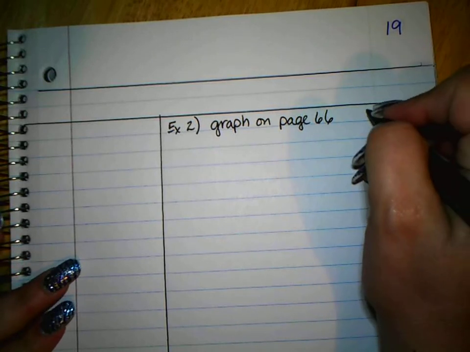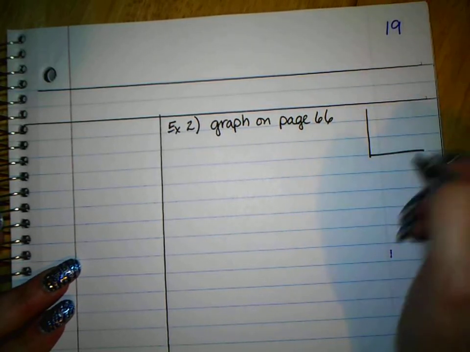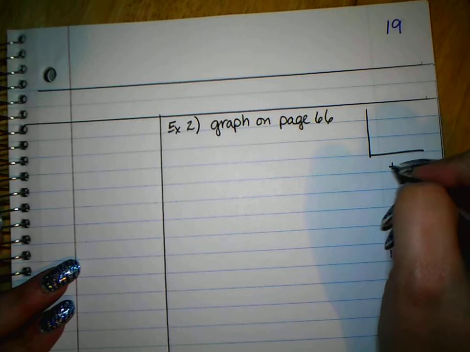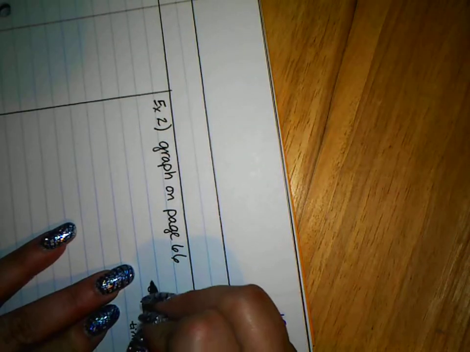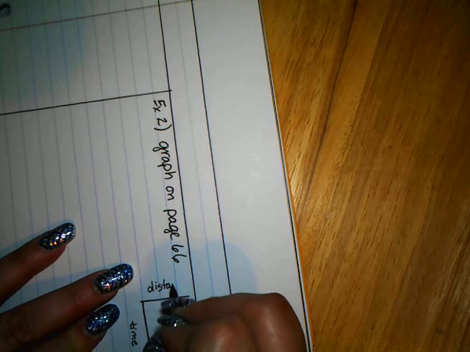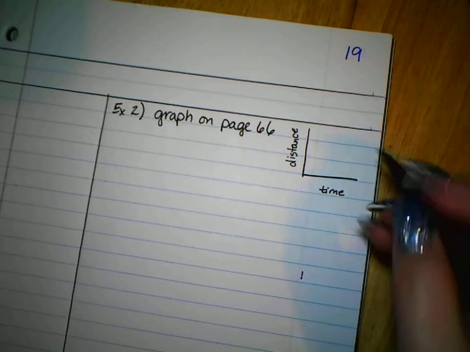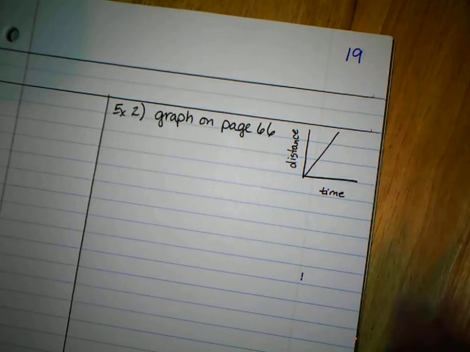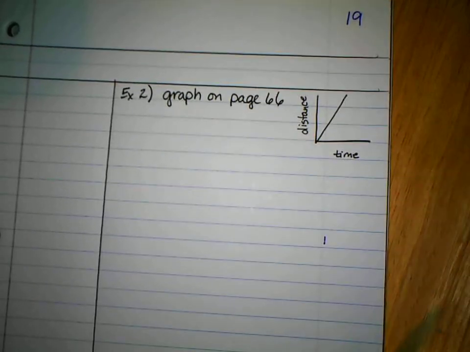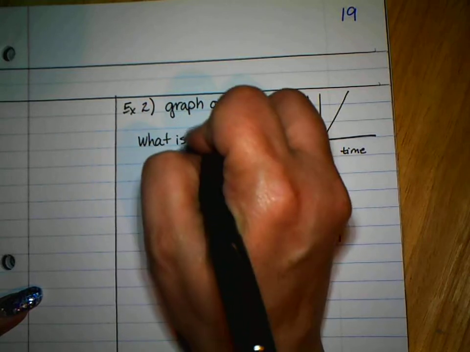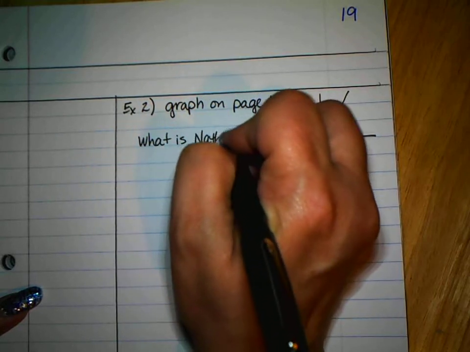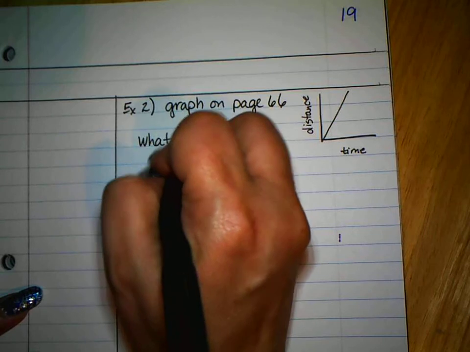What I want to remind you about is you have to look at your graph. On this axis they're talking time. On this axis they're talking distance. And we have Nathan who bicycled. Okay. He bicycled over time. And we want to know what is Nathan's rate of change.